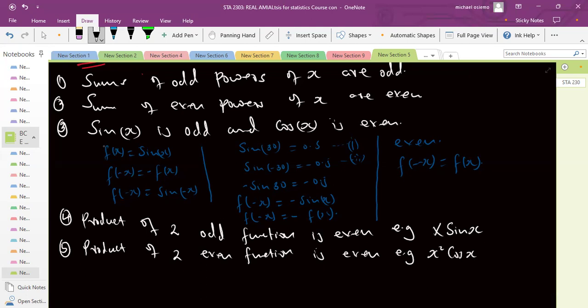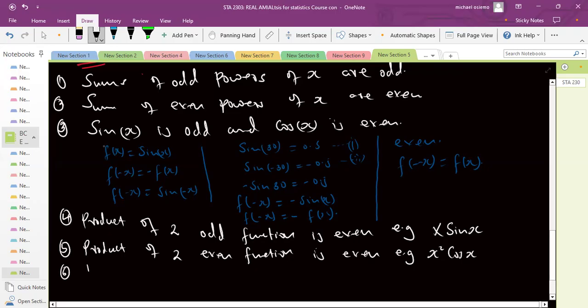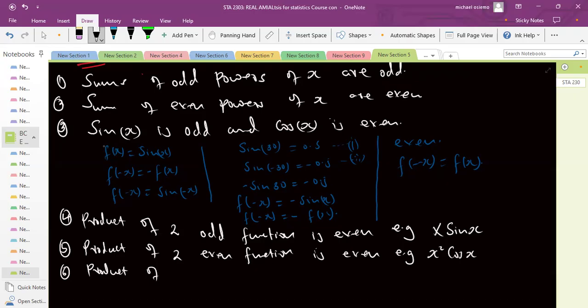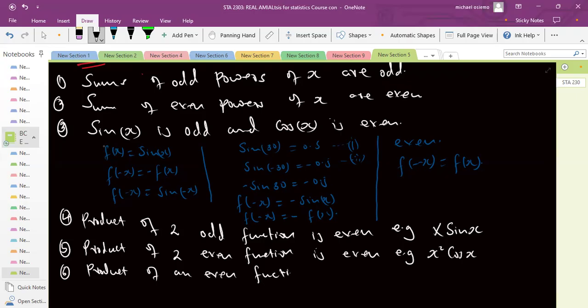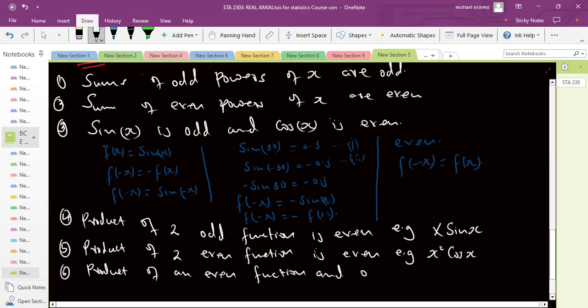The other one to note, number 6, is that the product of an even function and an odd function is an odd function.